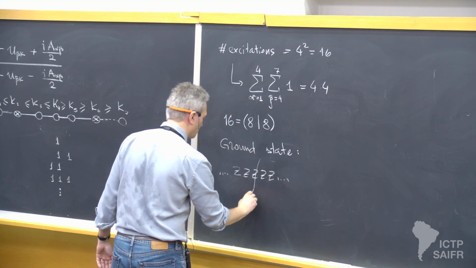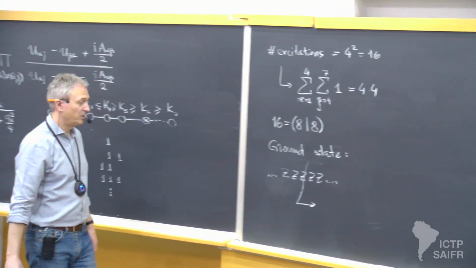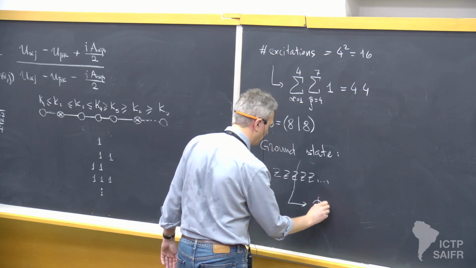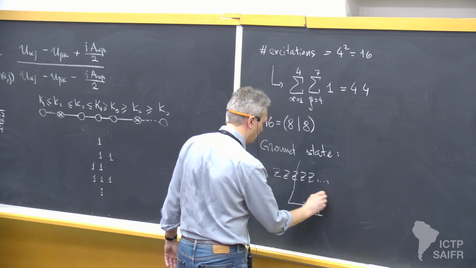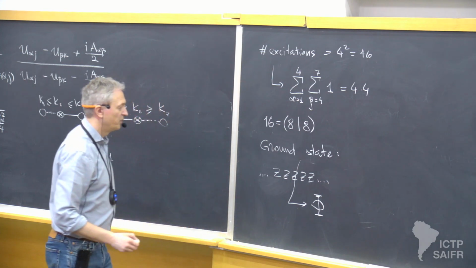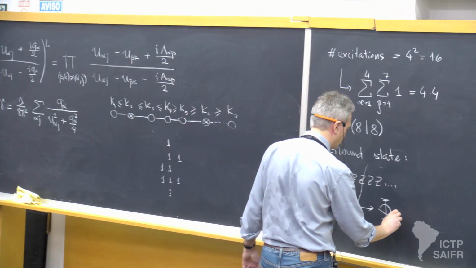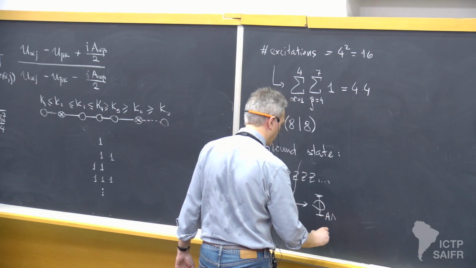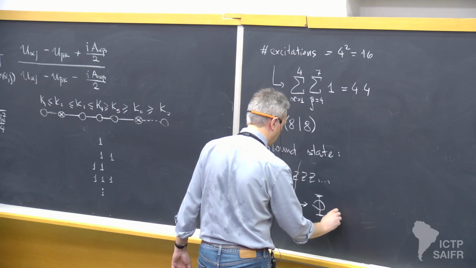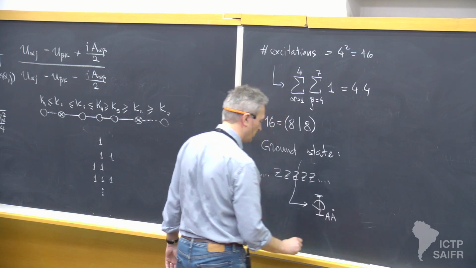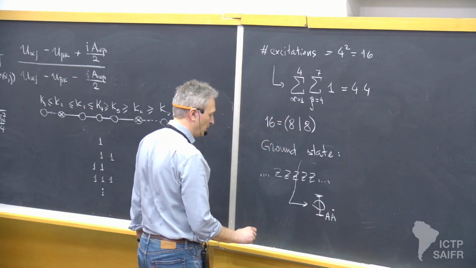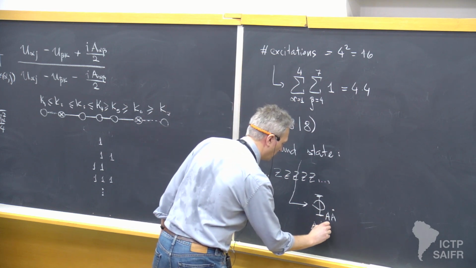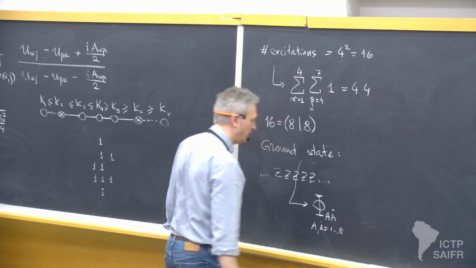And then we take one of these fields and replace it with some excitation phi that can be either bosonic or fermionic, and it has two indices. Let's denote them by A and A dot. Now these indices run from 1 to 8.